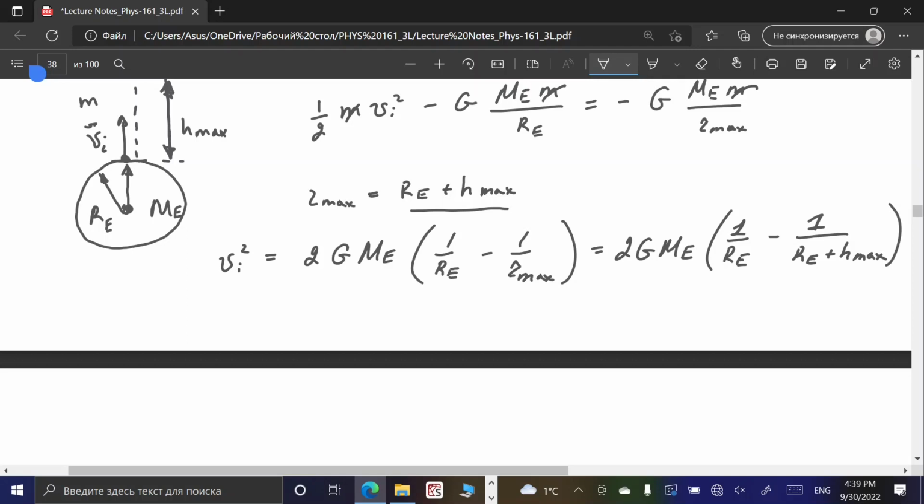And what we want to consider here, we want to determine escape velocity, means velocity at which the projectile will leave the planet. So what condition we should set here? Which parameter will define where this projectile will end up with respect to the surface of the planet? H max. So if we assume that it goes completely away from the surface, H max approaches infinity.